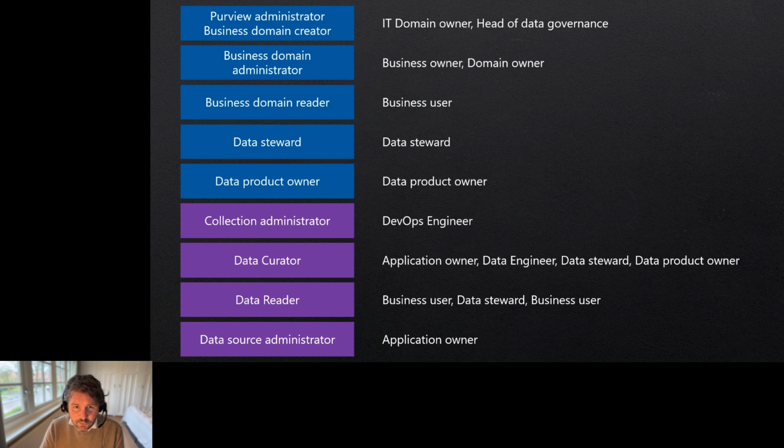So the Purview administrator, for instance, that's the role we have set in Purview, in my view, could best be linked to the IT domain owner, or it could be the head of data governance, or I don't know, maybe there's a head of data that manages both the Purview environment as well as the Microsoft Fabric environment. So in that case, it would hold two different roles. It will be the Purview administrator, at the same time the Fabric administrator.